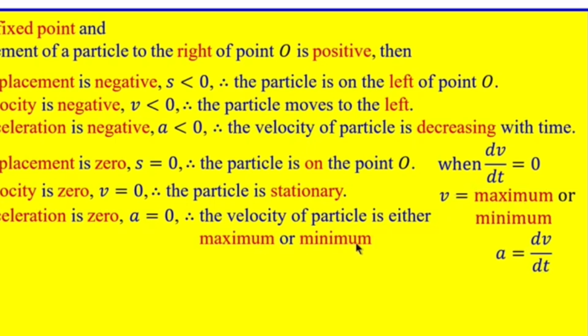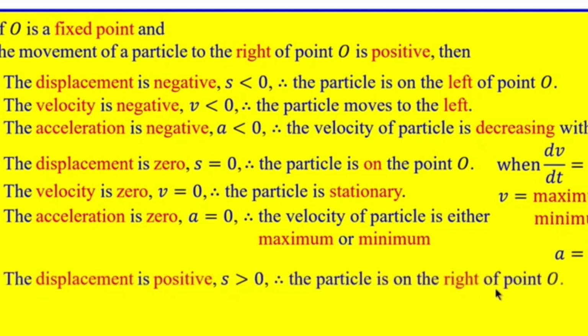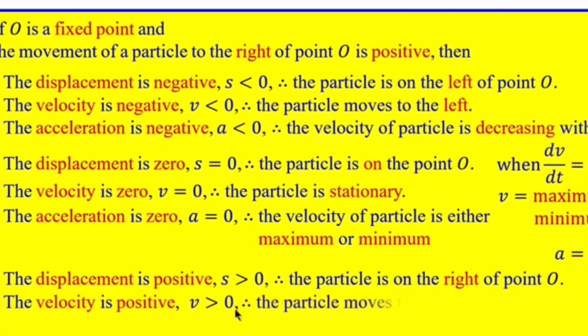So these are very important physics concepts that you must master before you can solve problems involving kinematics of linear motion. All these important keywords you need to go through. The velocity is maximum or minimum when the acceleration equals 0.